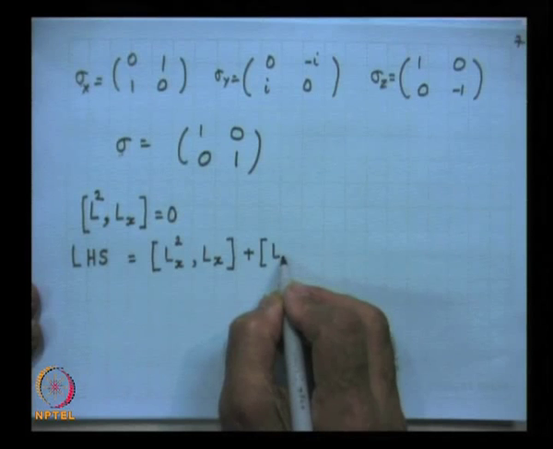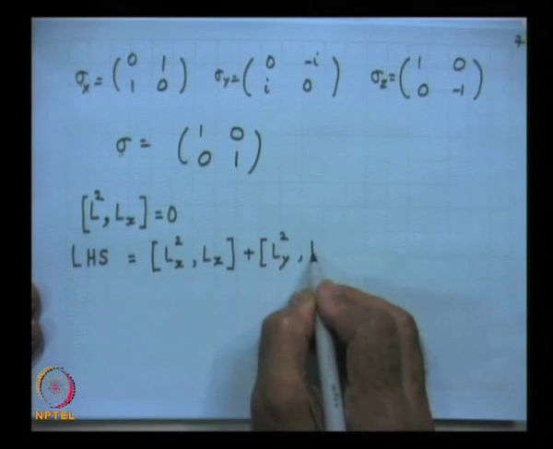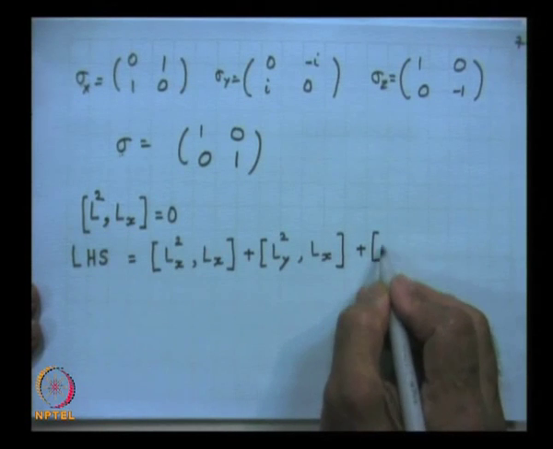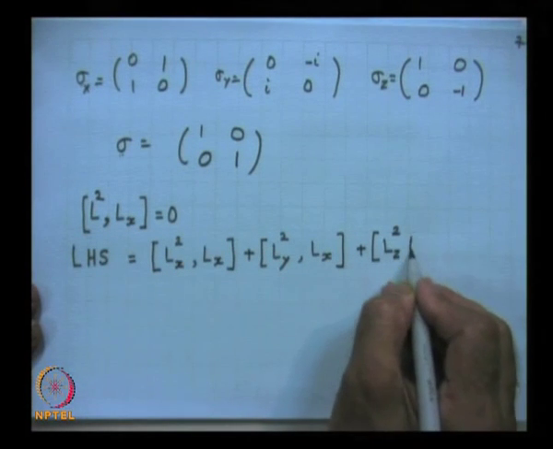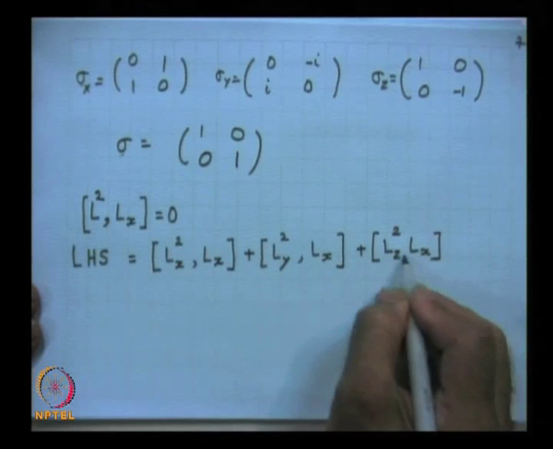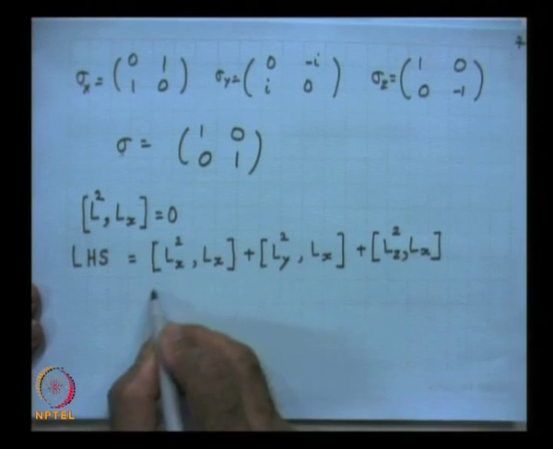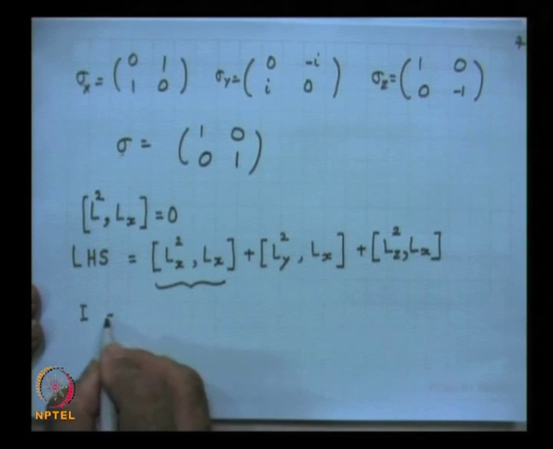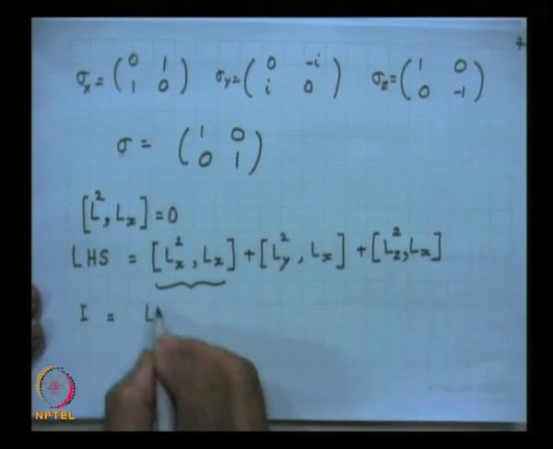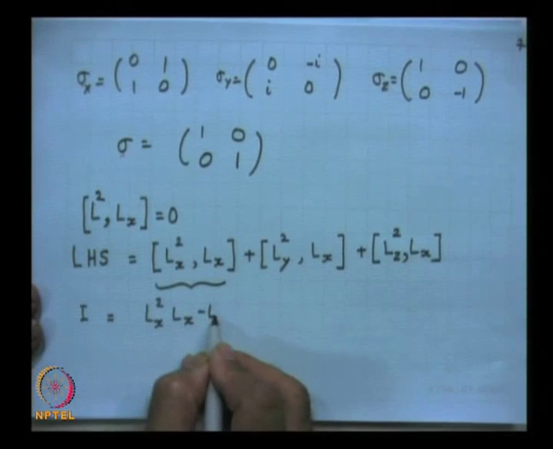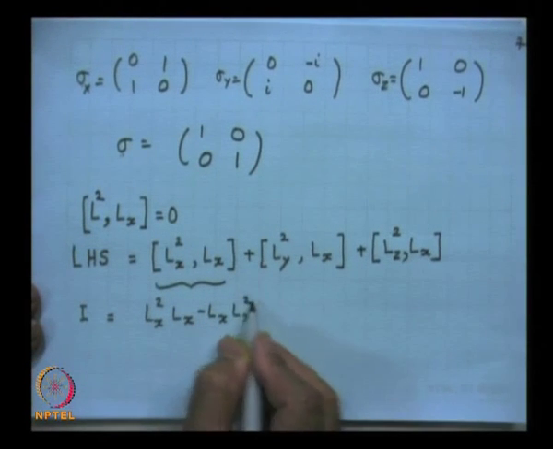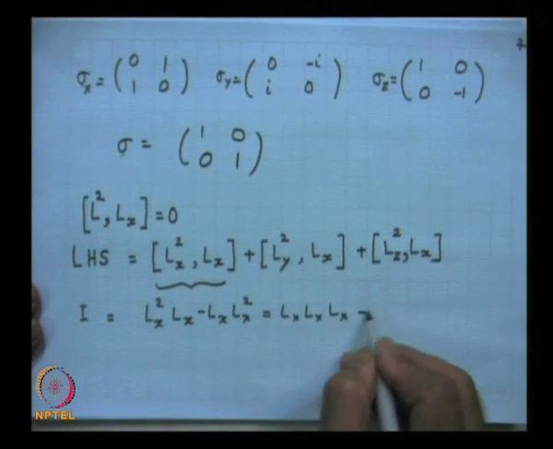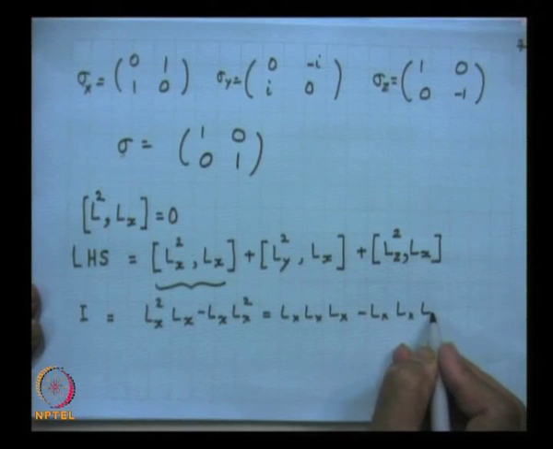So, we have L x square, L x, plus L y square, L x, plus L z square, L x. Now, the first term is obviously 0, because it is L x square L x minus L x L x square. So, if you write it out in detail, this is L x cubed minus L x cubed, so this is 0.